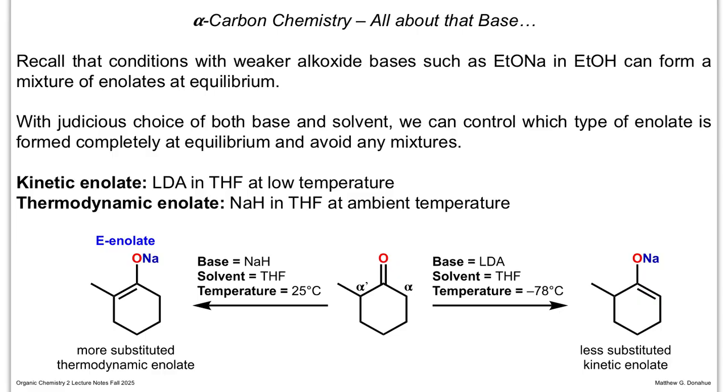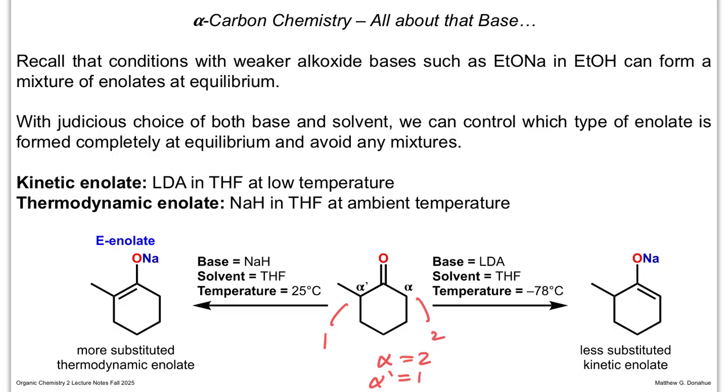So let's look at the difference between these bases. In terms of the hydrogen count for this model ketone in the middle here, it's not symmetric, so we end up with alpha and alpha prime.